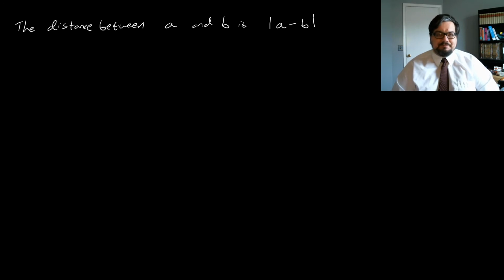So the distance between A and B is the absolute value of A minus B. We'll use this a lot when we want to describe that 2 numbers, say, differ by exactly 3, something like this. One way of saying that is to say that the absolute value of their difference is 3.